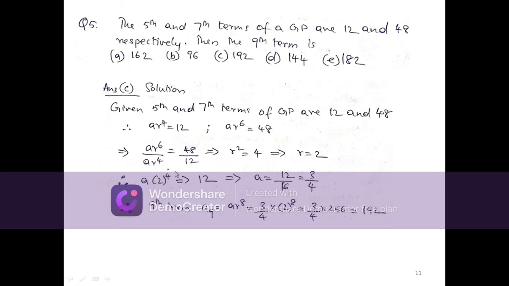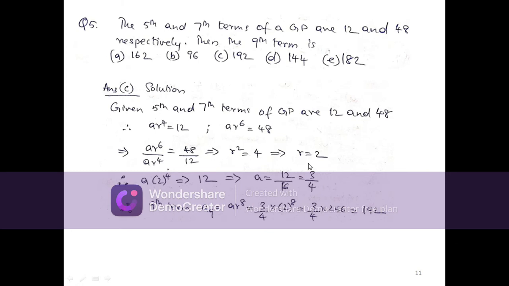First you have to find the common ratio R. Take the ratio of A R raised to 6 by A R raised to 4, which is equal to 48 by 12. A and A get cancelled, so R square equal to 4.